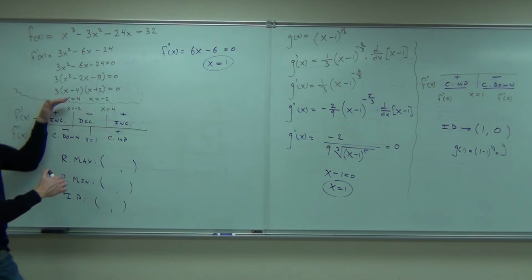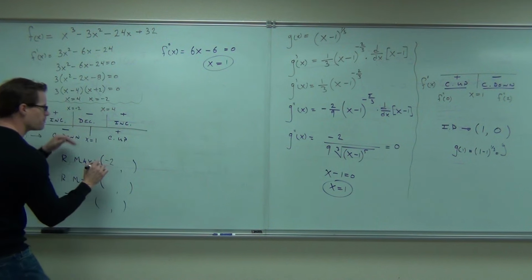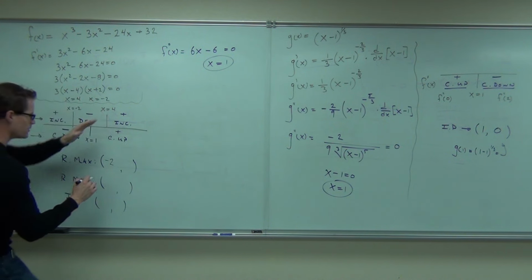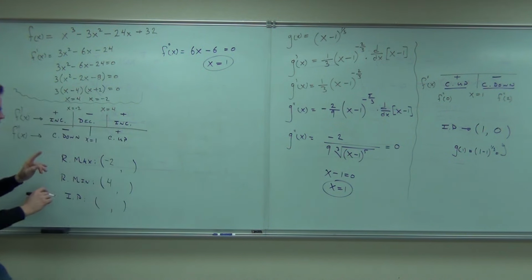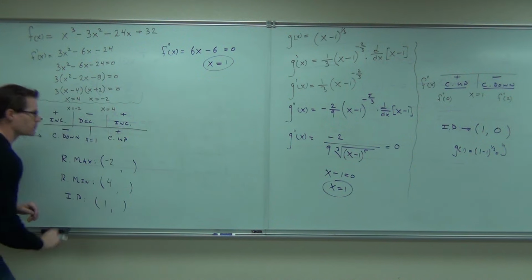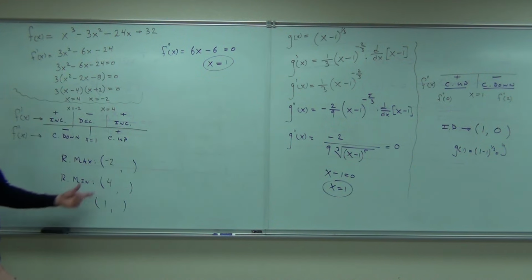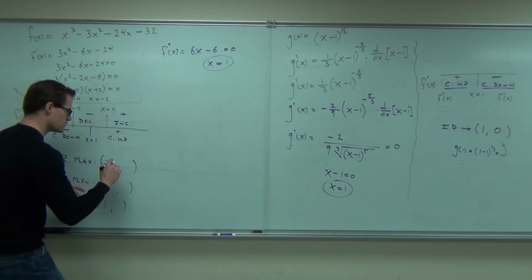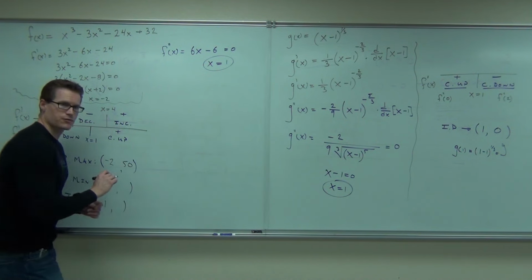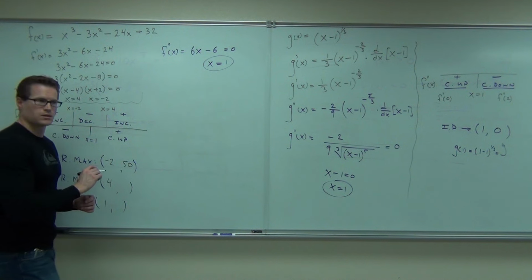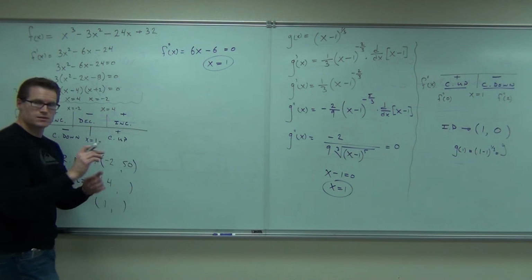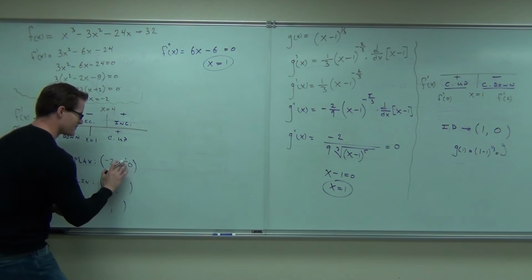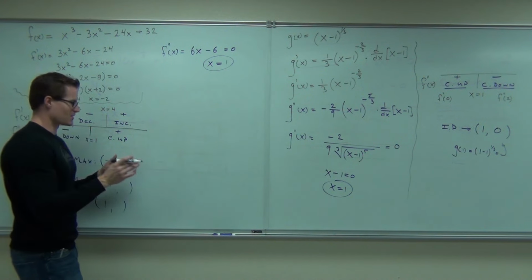See, we said max was at -2 something, minimum was at 4 something, inflection point was at 1 something. Does anyone have the -2 yet? 50? Double check on that, 50? That's 60. That's 60.